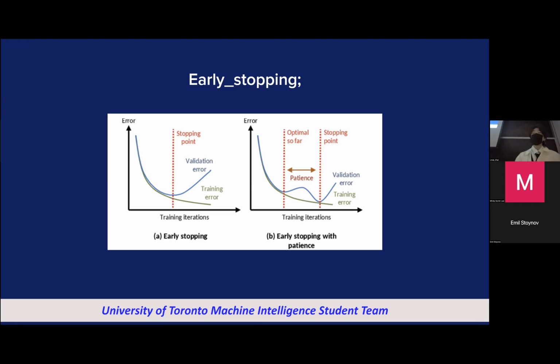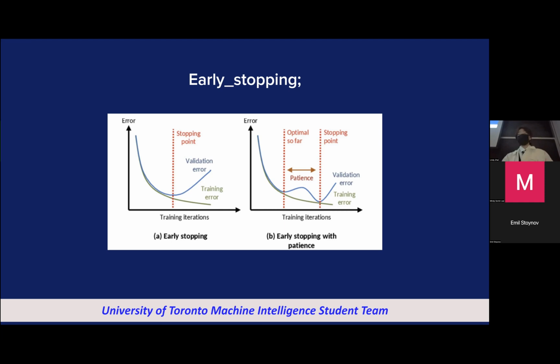And then there's another thing called early stopping with patience. That means you're going to wait a little bit more, because sometimes the validation loss bounces back for a little bit and then goes down, and we find a better minimum. It's not overfitting, because the validation error and the training error are still lining up.